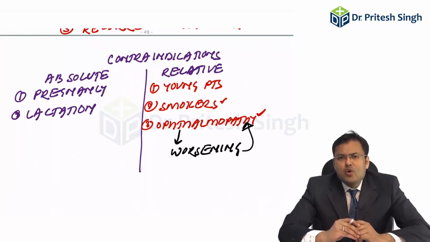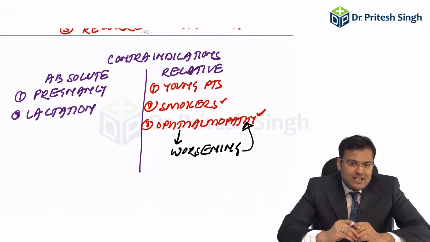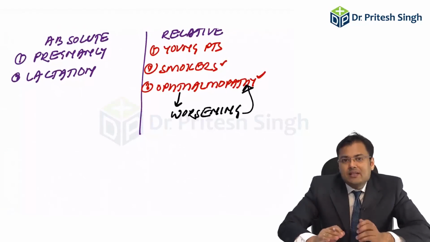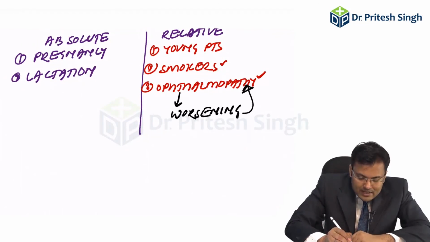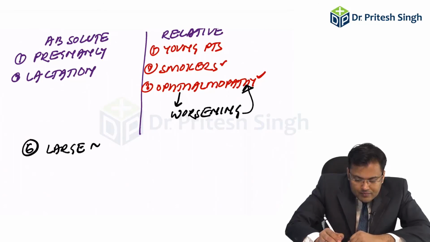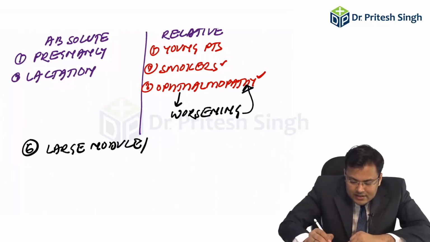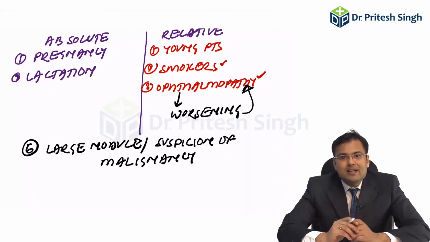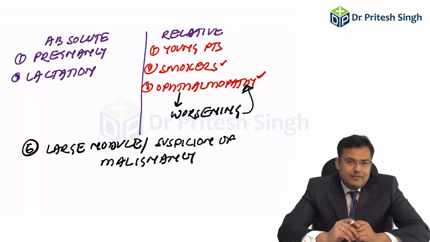One simple question: what are the indications of surgery? You can see the contraindications of radioactive iodine ablation are indications for surgery. So the indications for surgery are these 5. Apart from that, the 6th indication is a large nodule or suspicion of malignancy. So I'm repeating, what are the indications of surgery in Graves?